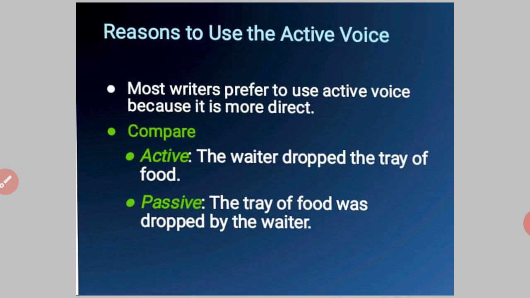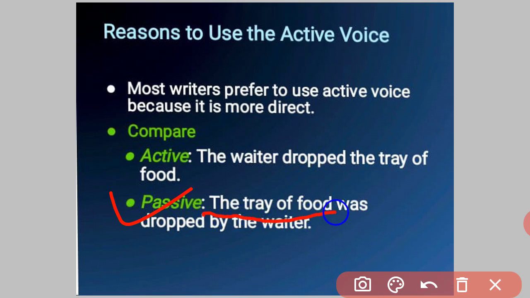Compare. Active: the waiter dropped the tray of food. So the waiter dropped the tray of food. At the instant when I said the sentence, you got the meaning. Okay? But when I say passive voice, look at this sentence: the tray of food was dropped by the waiter. When I say the tray of food, then a question strikes in our mind.